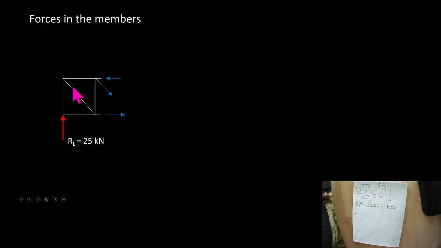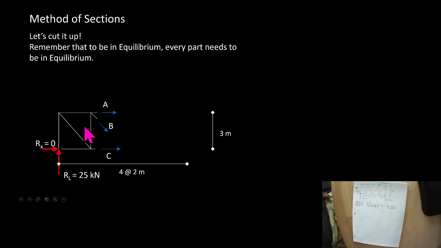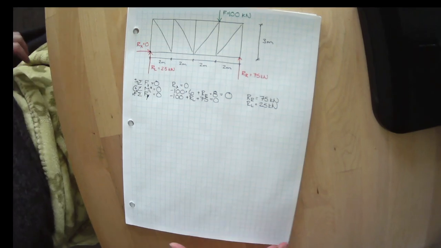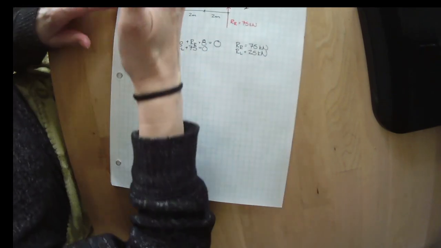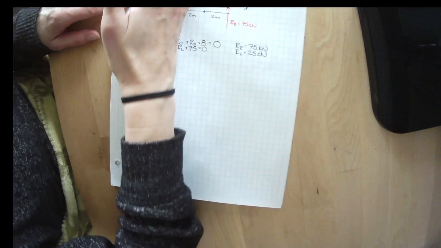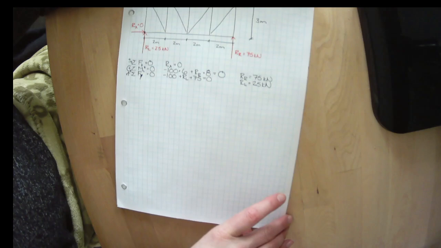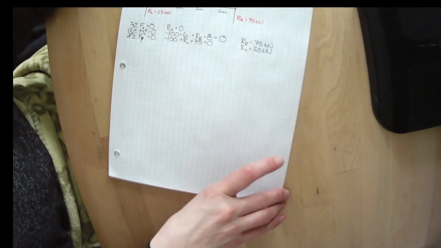So let's find the internal forces for A, B, and C. So we're going to make a cut through right here. We're going to make a cut through right here, and we want to solve for those internal forces.